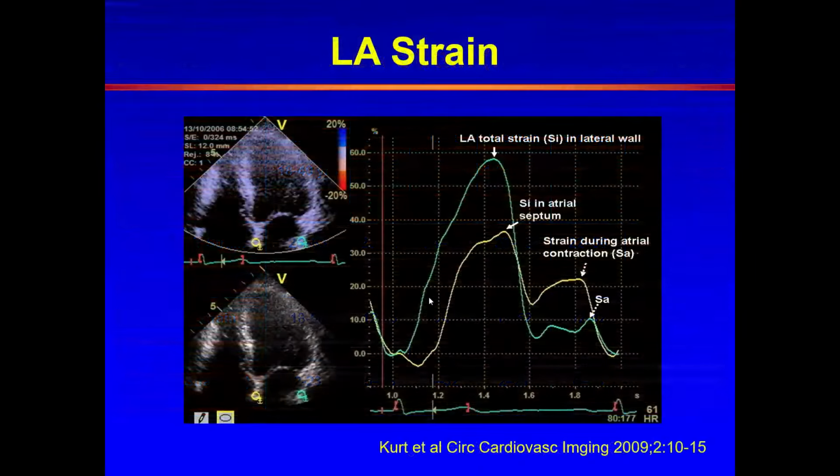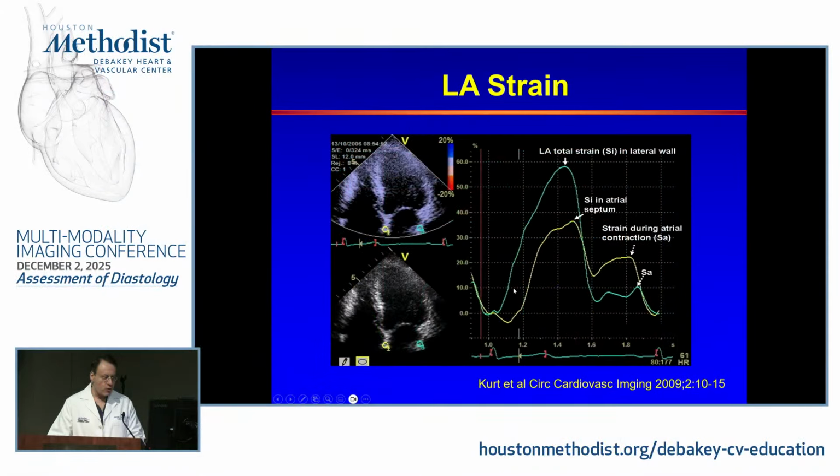This is from an early publication from our group showing the reservoir strain from the lateral wall and from the septal wall of the left atrium obtained by pulse wave tissue Doppler. Nowadays we do it with speckle tracking. And there is the reservoir strain, the pump strain, and the difference between them is the conduit strain.